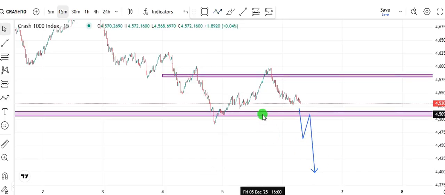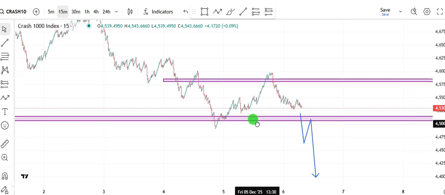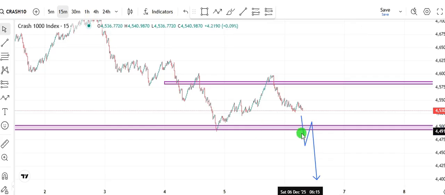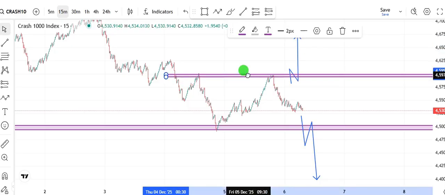Before, let me adjust this. Okay, so a break below this, a test of this, I think we're going short. Then I'm going to adjust this. So a break above this, a test, then I think we're going long. So let me adjust this to this level.